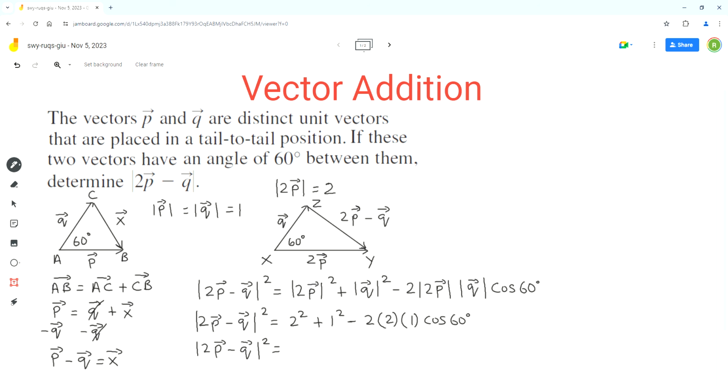Now we can evaluate the terms. 2 squared is 4, 1 squared is 1, so 4 plus 1 is 5. Now 2 times 2 times 1 is 4, and cos of 60 is 0.5, so 4 times 0.5 is 2. And 5 minus 2 is 3, and now we can apply the square root to both sides.